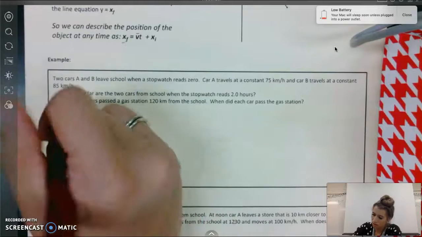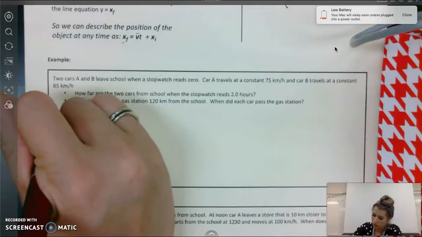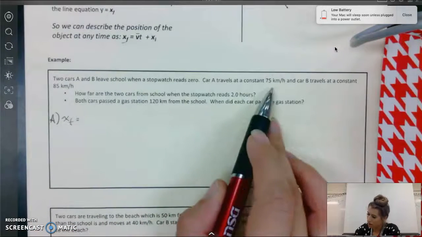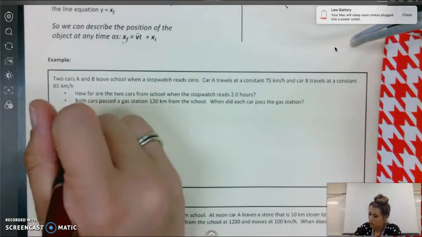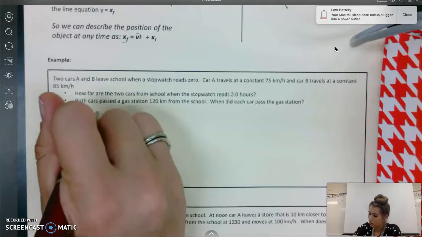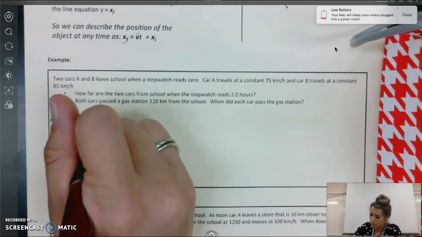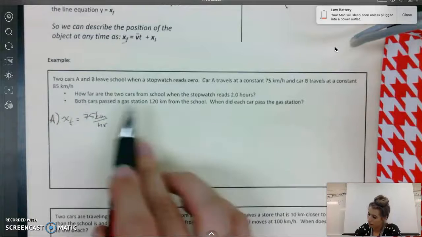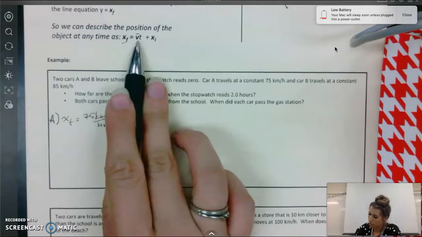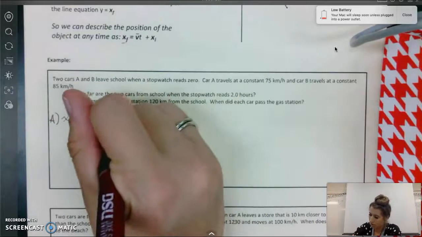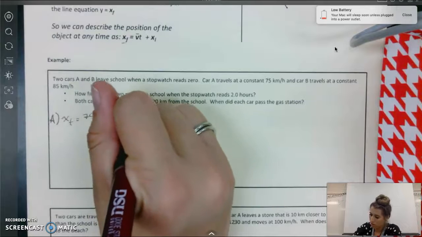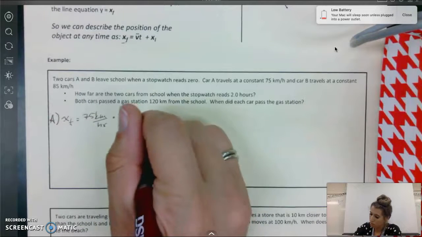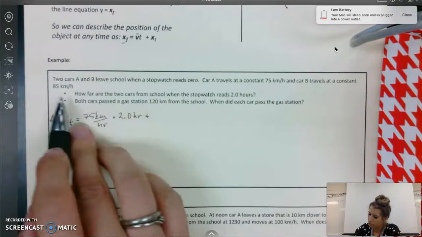This is going to be for car A. Okay, so car A travels at a velocity of 75 kilometers an hour. And then it went over a time frame of 2 hours, so that's going to be multiplied by 2 hours. Okay. Plus the initial position.